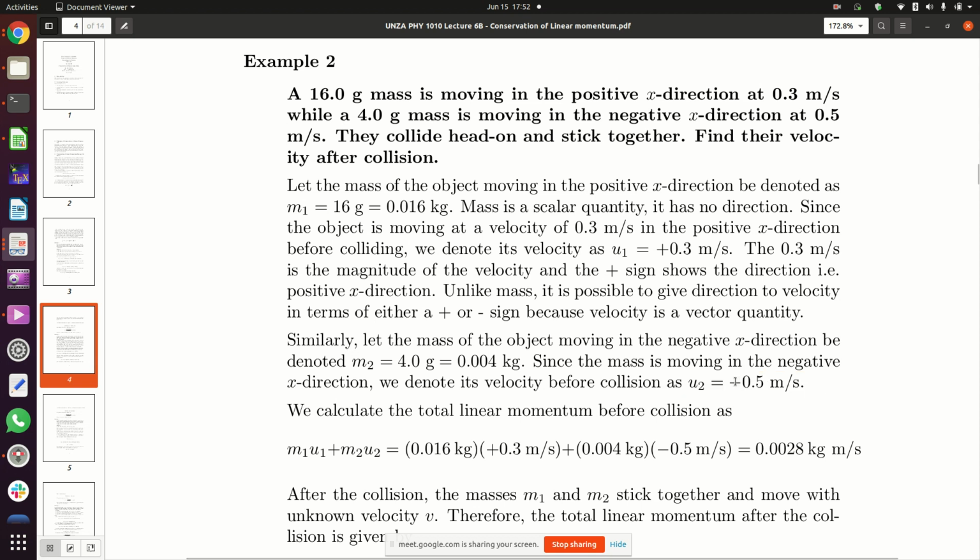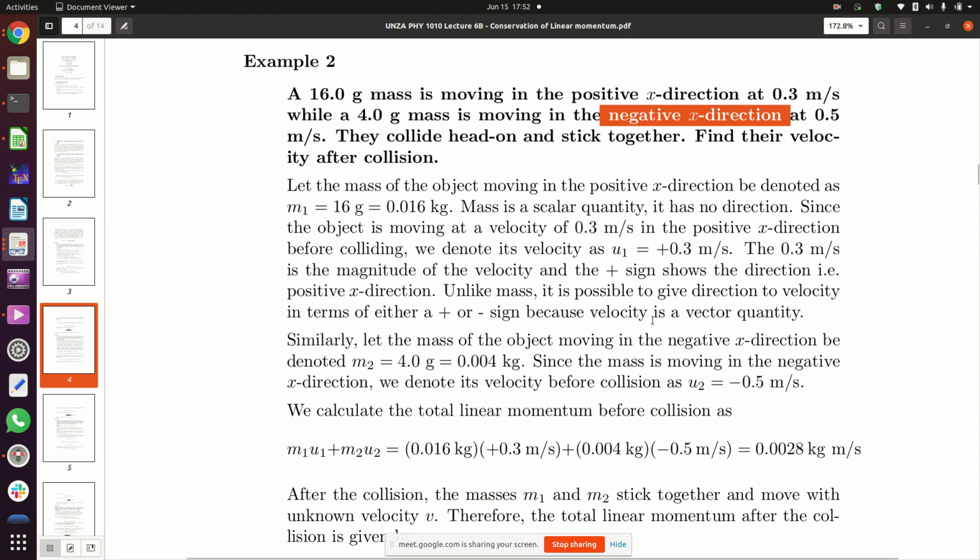The minus here shows that the object is moving in the negative direction. Are we clear? Is everyone clear about this? Sir. That if an object is moving in the negative direction, then its velocity is going to be negative.